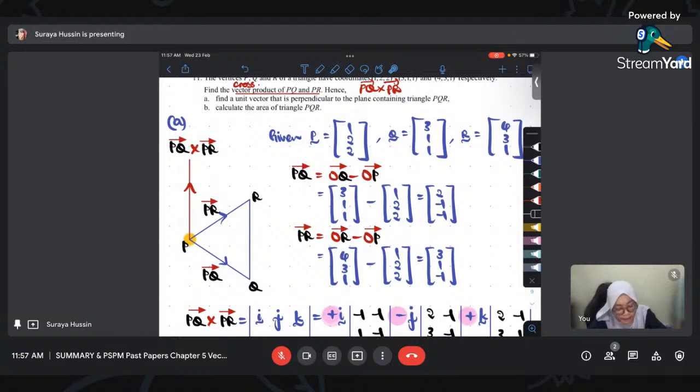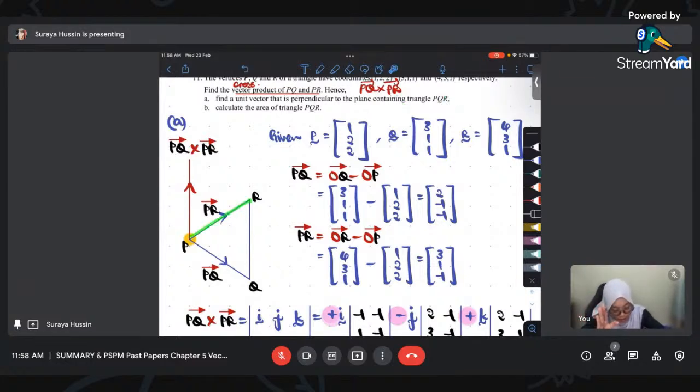Sebab dia kata the triangle is inside of the plane. So all of you just have to imagine ada plane yang sangat besar dan dalam plane ni ada triangle, itu je. Jadi plane dekat sini tak payah fikirkan dia, abaikan dia. Dia hanyalah pembantu soalan sahaja. Bukan, dia tak membantu pun. Dia tak penting pun dalam soalan ni. So yang paling penting adalah triangle.